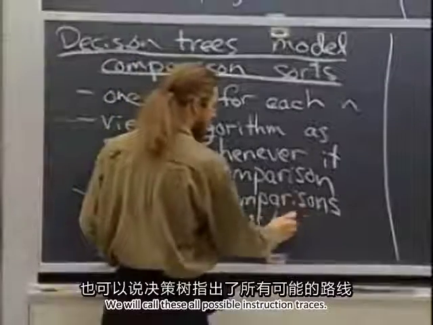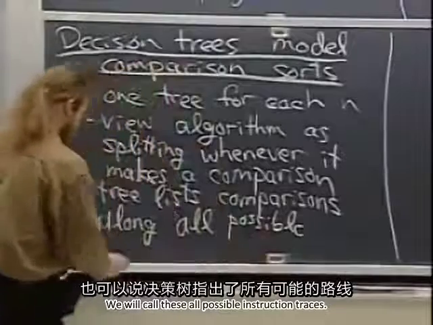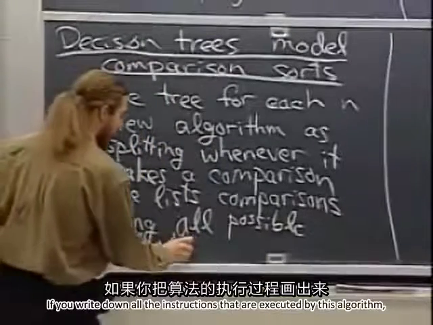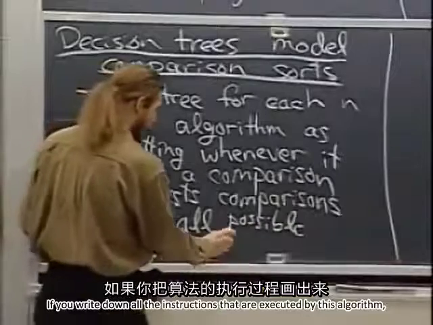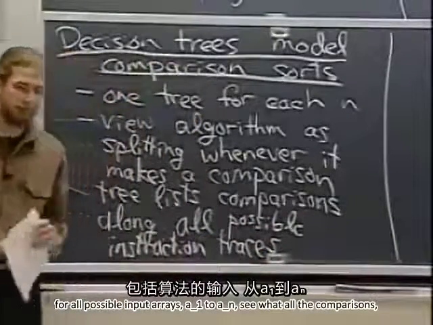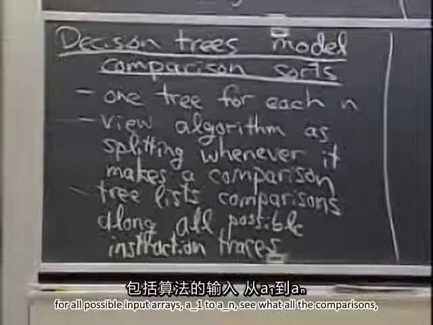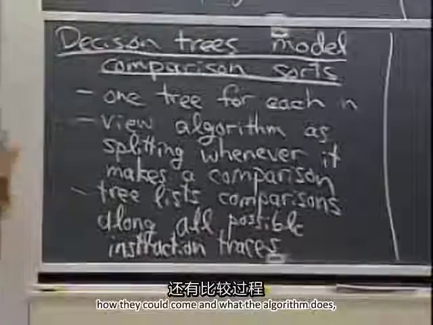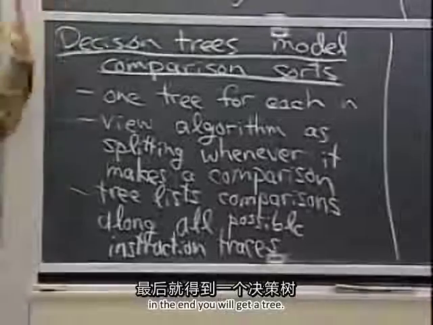So we'll call these all possible instruction traces. You write down all the instructions that are executed by this algorithm for all possible input arrays, A1 to An. See how all the comparisons could come out and what the algorithm does. In the end, you'll get a tree.